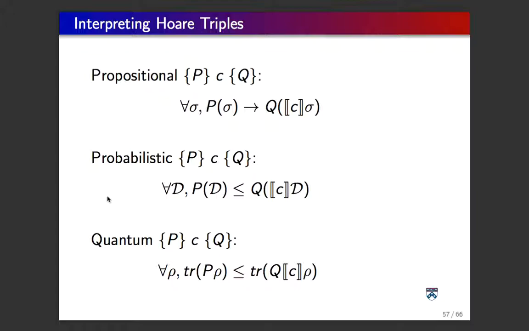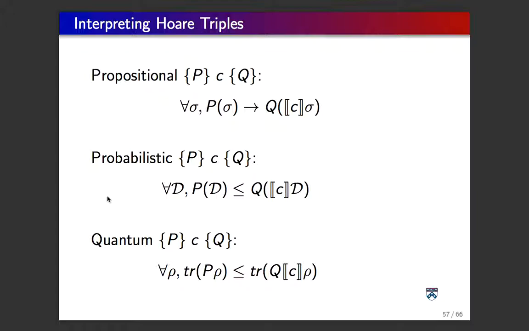In the probabilistic case, we're saying for every distribution, the weight accorded by P to the distribution is less than the weight accorded to Q by C of D. And in the quantum case, since traces correspond to probabilities here, the trace of P times rho is less than the trace of Q times C of rho.